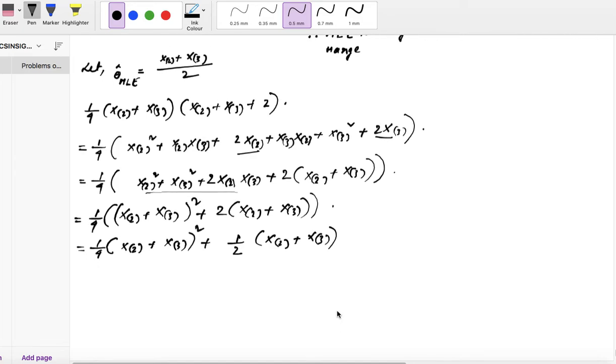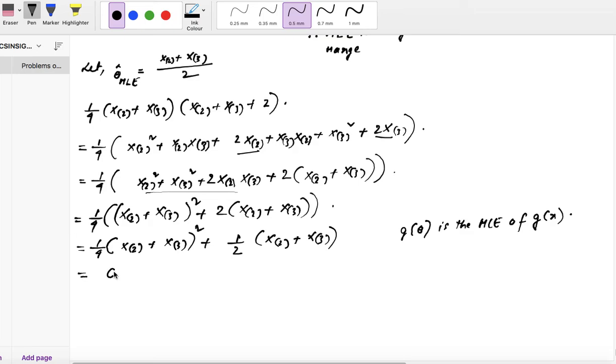We get 1 by 4 of x2 plus x3 whole square plus 1 by 2 of x2 plus x3. See, if we consider theta cap MLE to be x2 plus x3 by 2, then by the invariance property, g of theta is the MLE of g of theta.